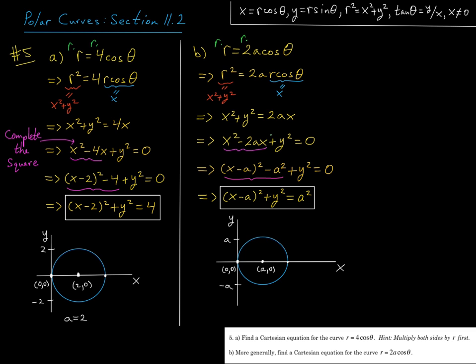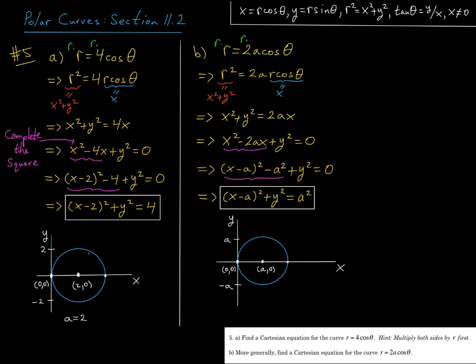And then I'm going to subtract 2ax from both sides, then complete the square on this quadratic expression in x. And that gives us quantity x minus a squared. Add a squared to both sides, and we arrive at this Cartesian equation for the circle of radius a centered at the point (a, 0).